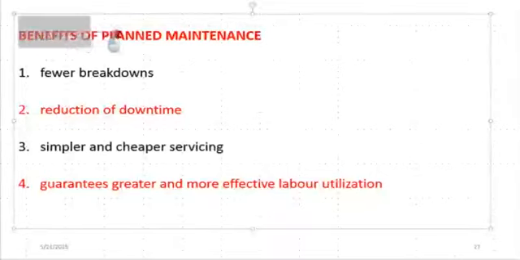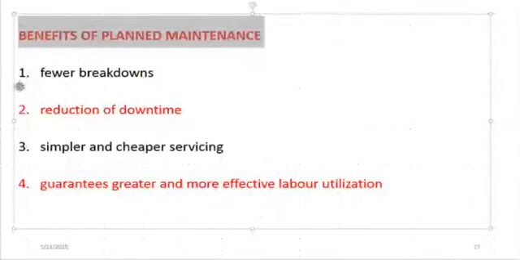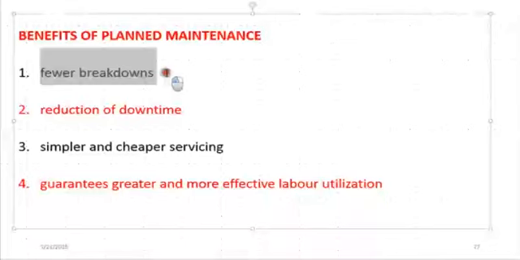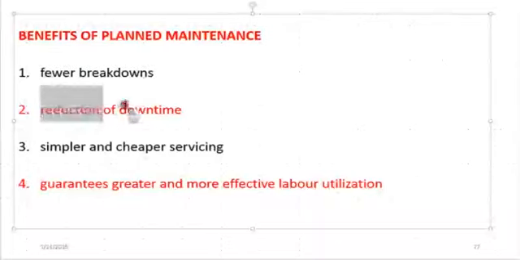So what are the benefits we derive from plant maintenance? One of them is when you are doing plant maintenance, you have every tendency that there will be a very insignificant failure rate in your machine. It will not be breaking down, because prevention is better than what? Cure. Another advantage is the reduction of downtime. That is, it is reducing the time when the machine is not operating. Once you maintain it, you can keep on using it continuously.